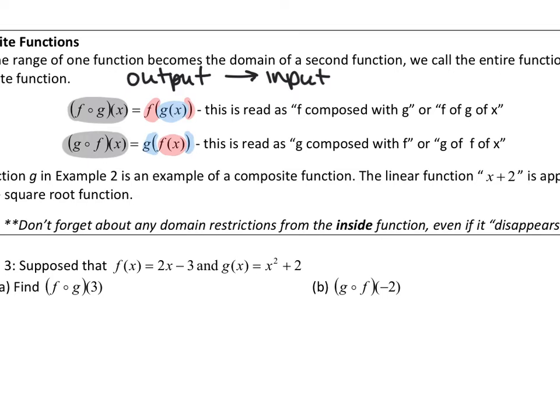So we've actually been seeing these for a while, you just didn't know it. And it's very important that you notice the inside functions because the domain of that inside function still affects the outside function even if it "disappears." I'm using disappears in air quotes because nothing really disappears. In case it simplifies out, in case you square a square root, that square root still affects the function, so it's part of the domain.